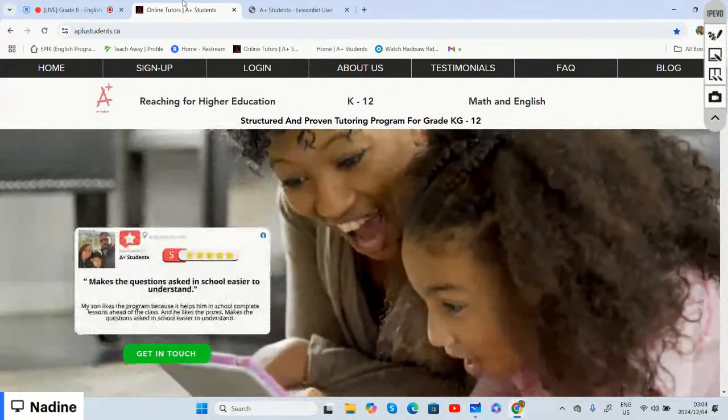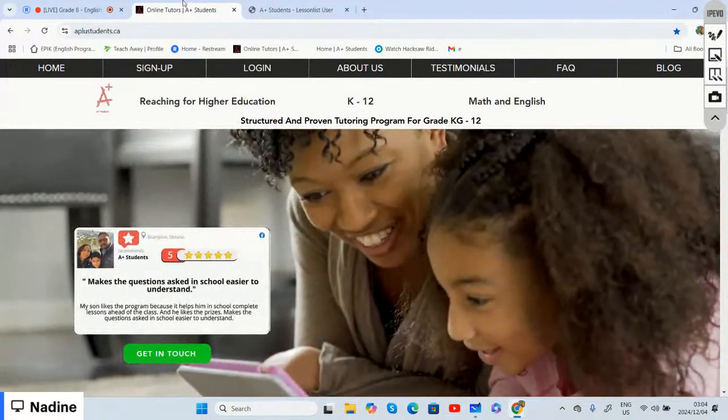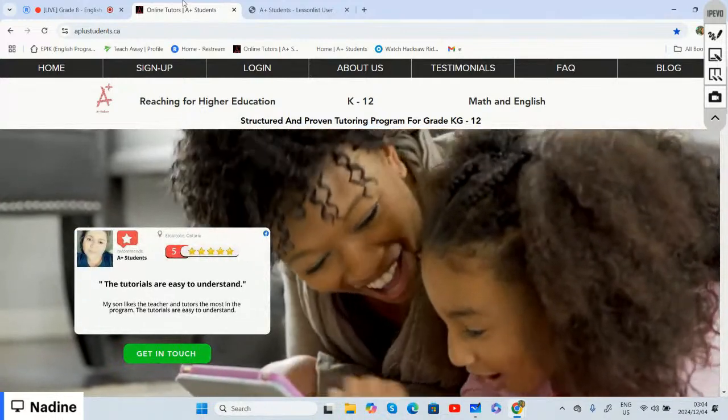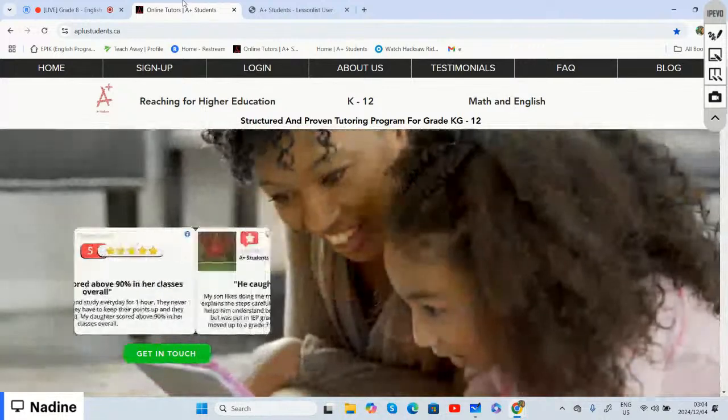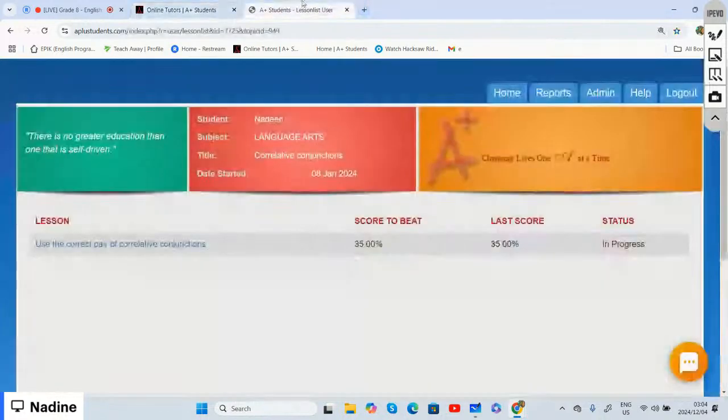We're doing grade 8 Advanced Writing. And then we're going to scroll down until we get to our chapter on correlative conjunctions.